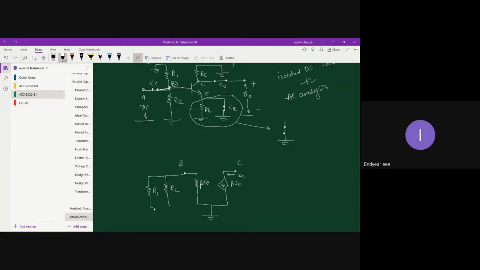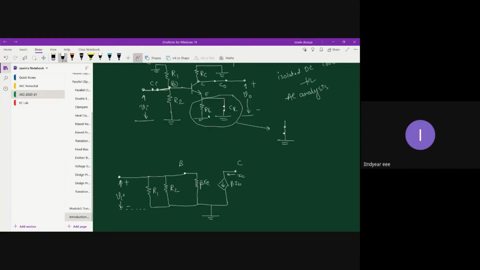What I can do is connect everything to ground. Then finally, to the base terminal, we have connected an input. That can be shown something like this. This is my ground terminal, and this is where we are going to feed our input signal. Similarly, let's pay attention to the output side.